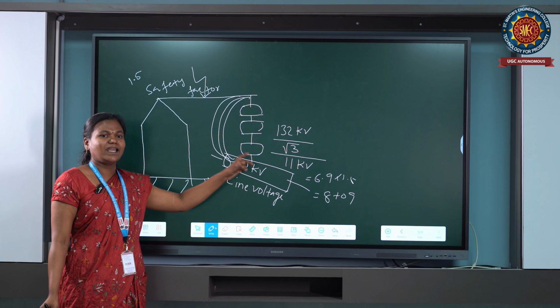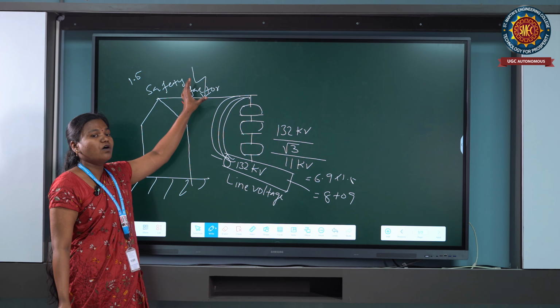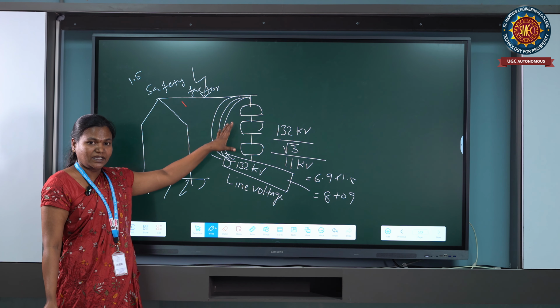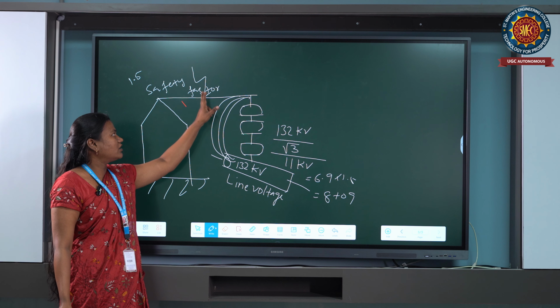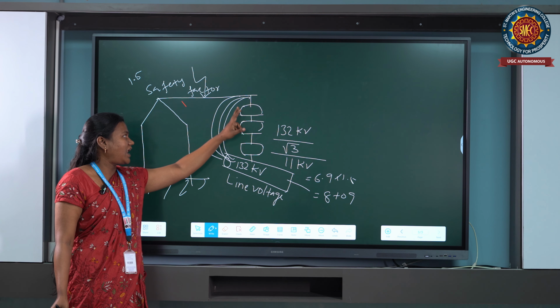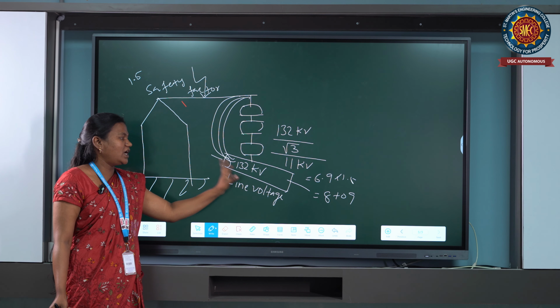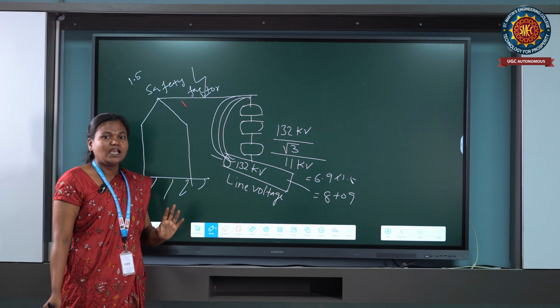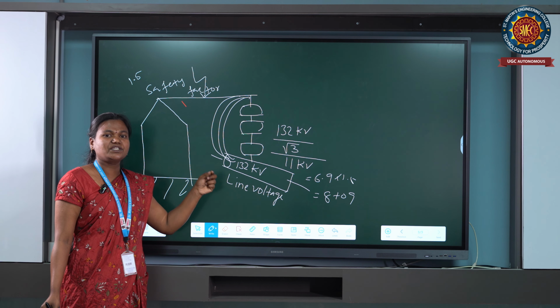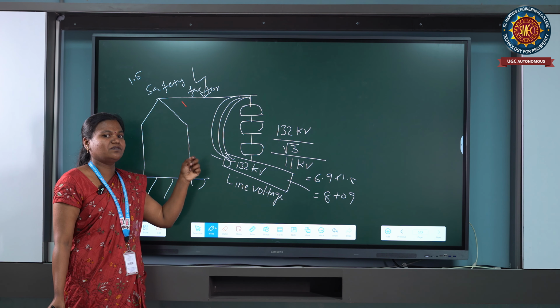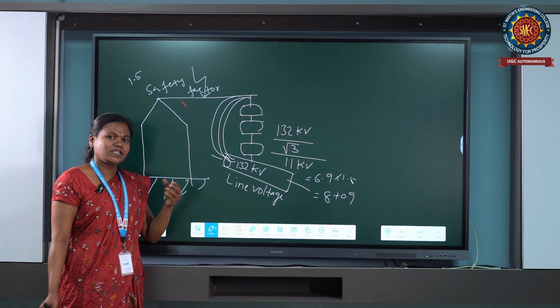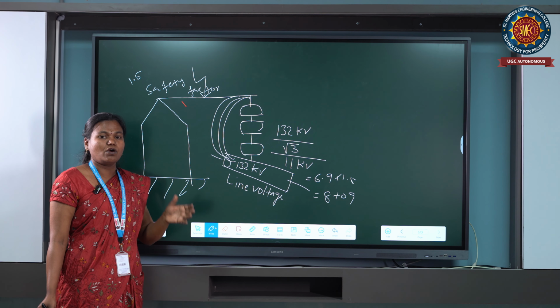So when over voltages occur due to lightning in the rainy season, flashover voltages occur between this cross arm section and the line conductors directly. In that case the insulation property of the disc reduces. That is the reason we get the line to ground fault.